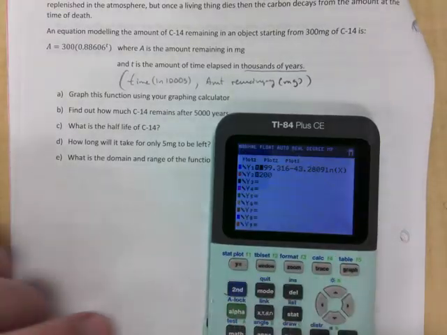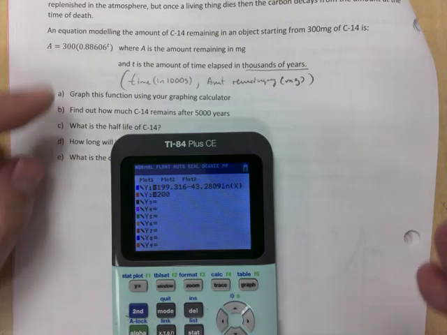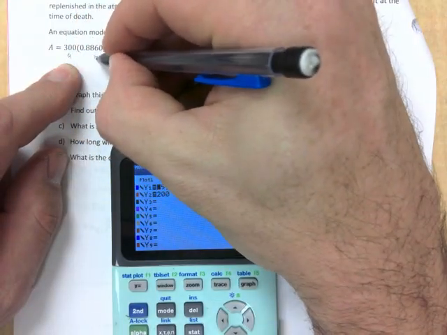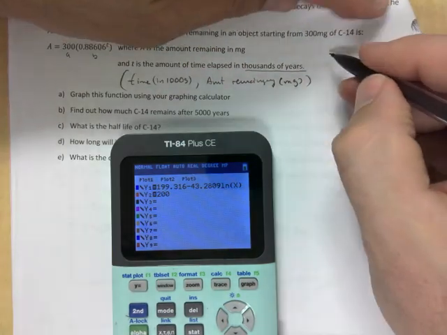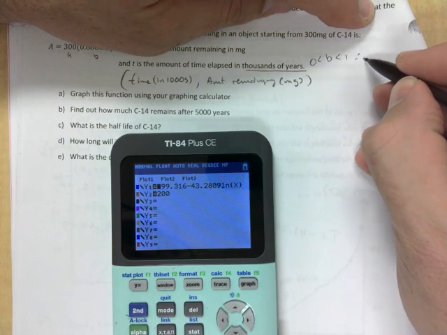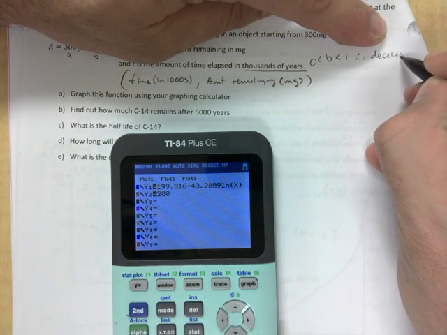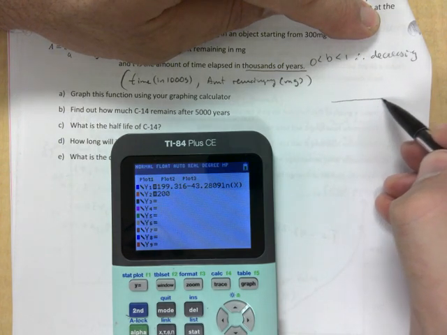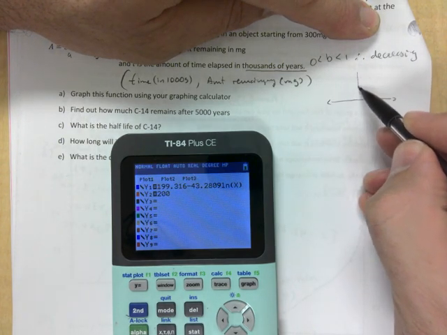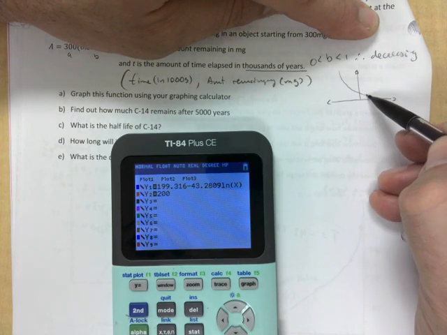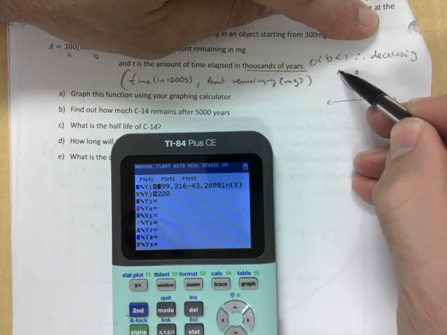So graph this using your graphing calculator. Let's type that in. Actually, what do we know? This is A and this is B, right? B is between 0 and 1, therefore decreasing. So if we don't consider the word problem, it's going to be decreasing from left to right.